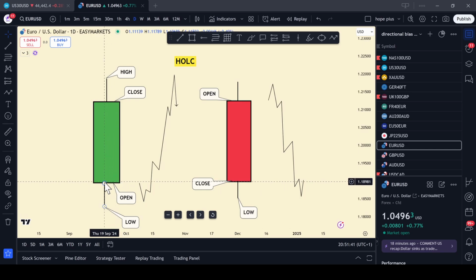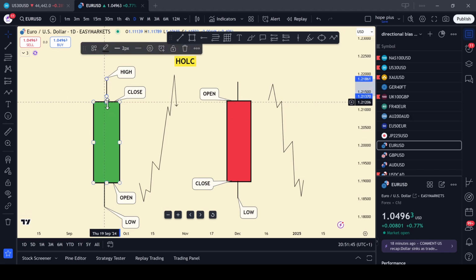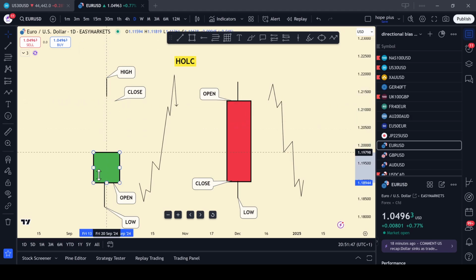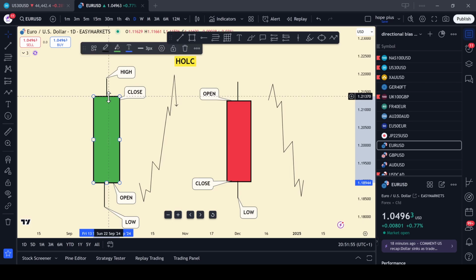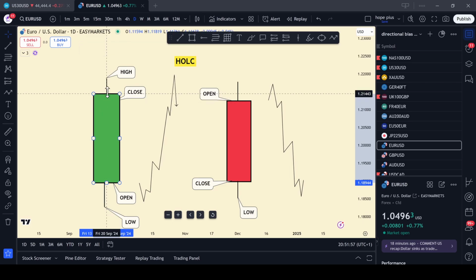Price will first of all go down, meaning price will have traded lower like this, get to the low, and then come back, push up, push up, push up until it closes for the day. Before it closes, it goes high, then comes back and then closes.